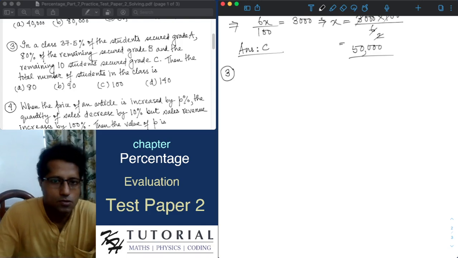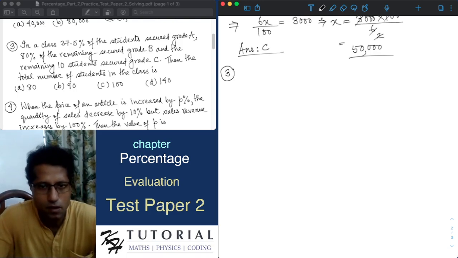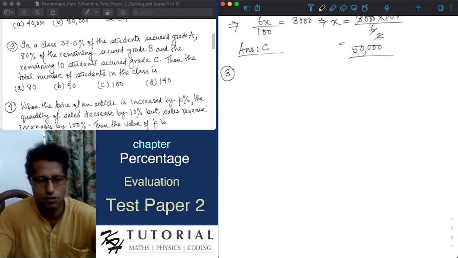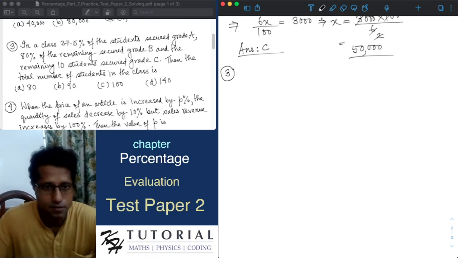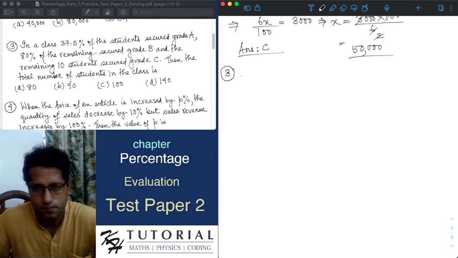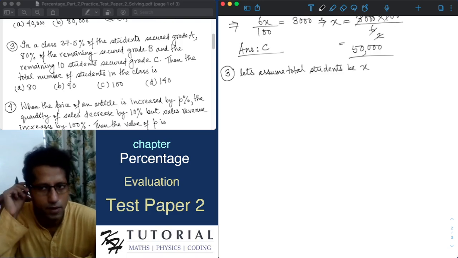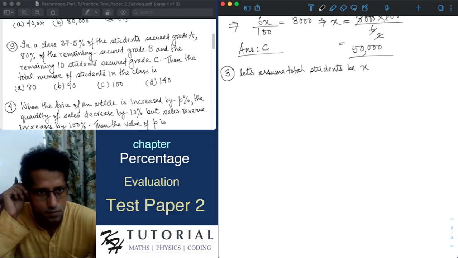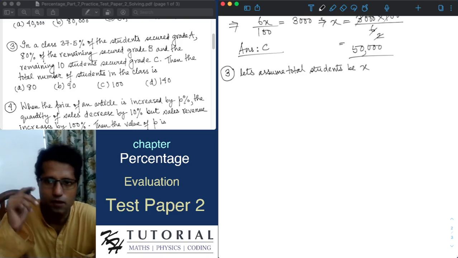In these kinds of problems, we always assume whatever quantity has been asked, the total number of students, as some variable. So let's assume the total students be x. Now we have to apply all the given facts using the concept of percentages and form some equation on x.